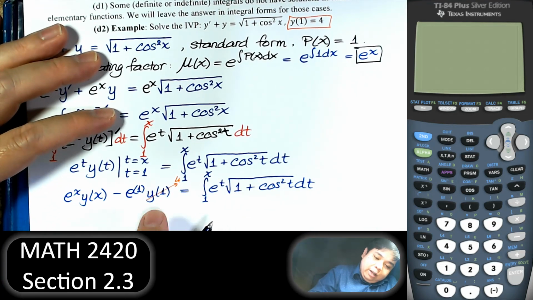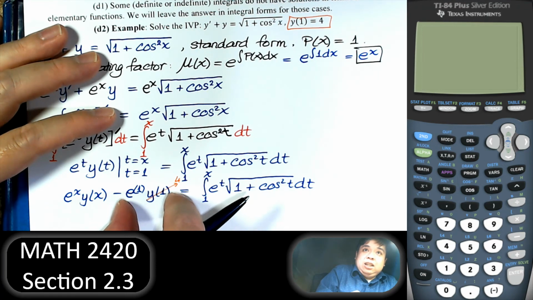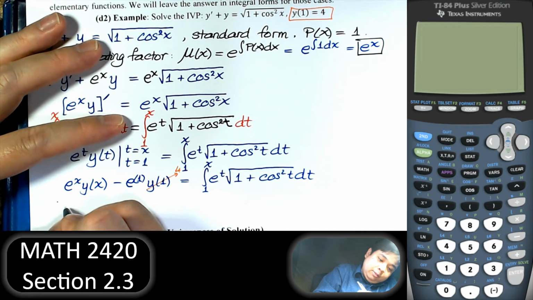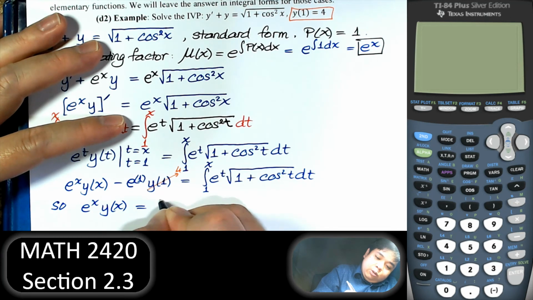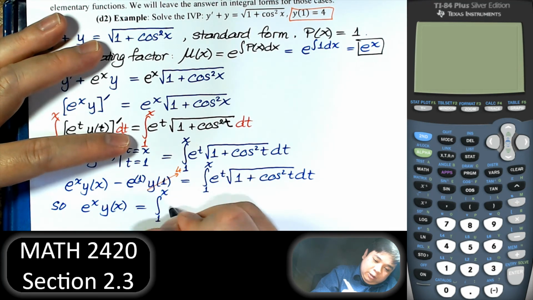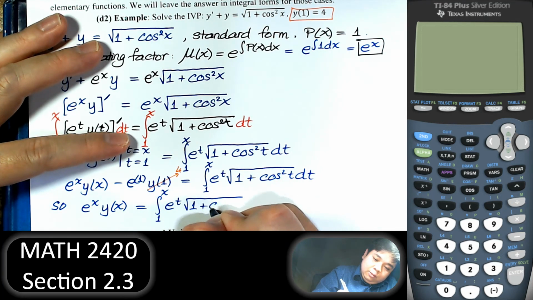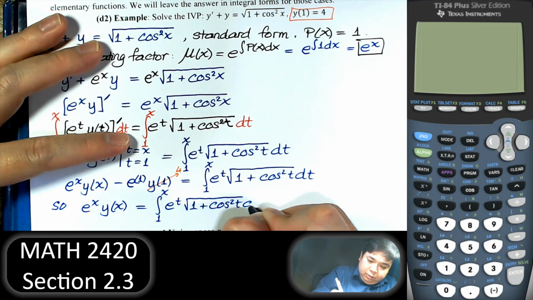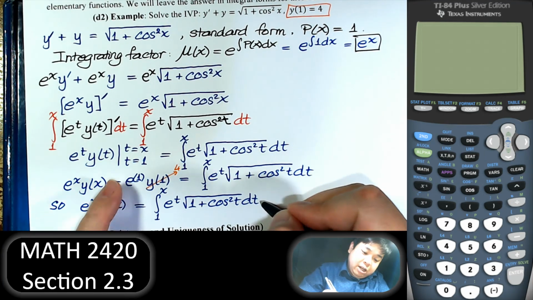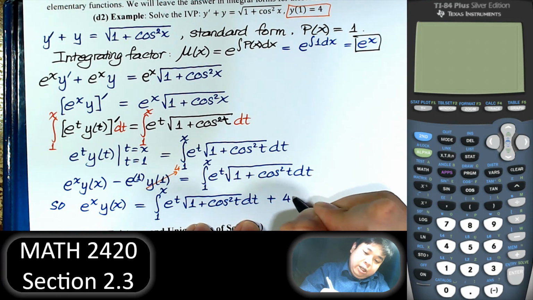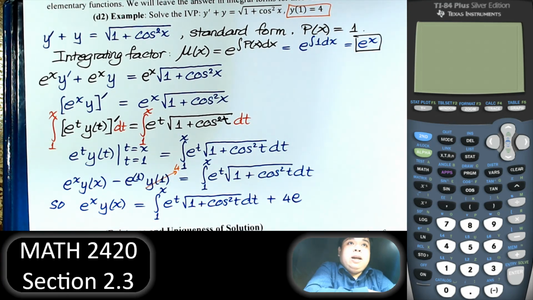So I'm going to move 4e to the other side. So e to the x times y of x equal to the integral, and then we have 4e moved to the other side, that's minus, so plus 4e. And then finally, if we want y by itself, just divide both sides by e to the x.